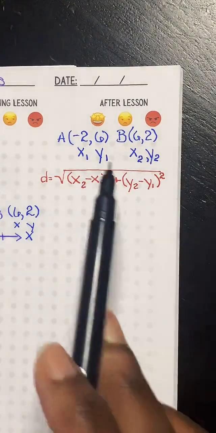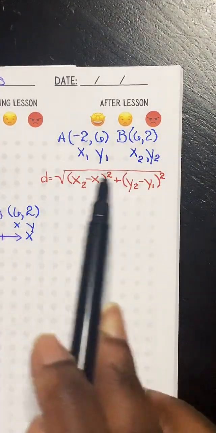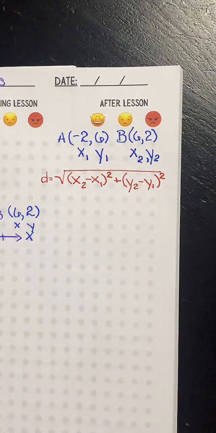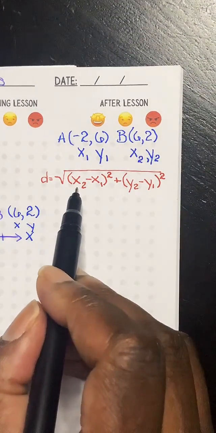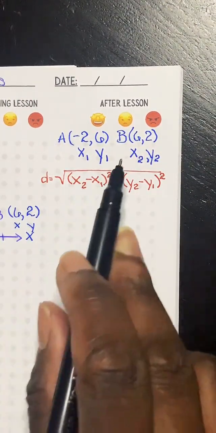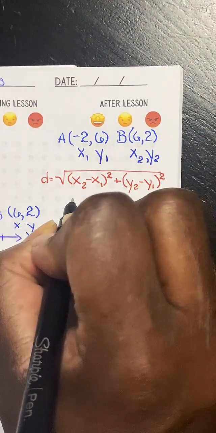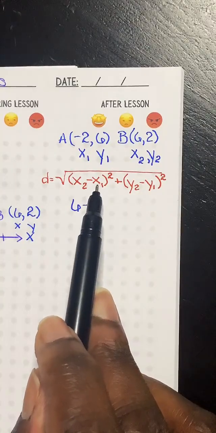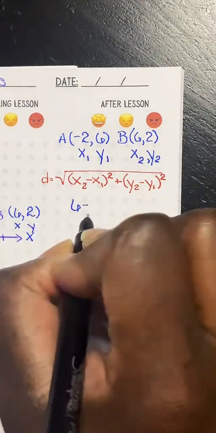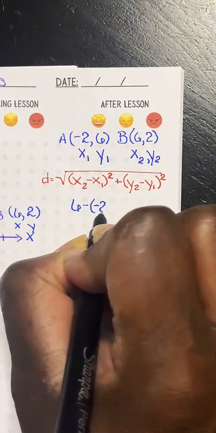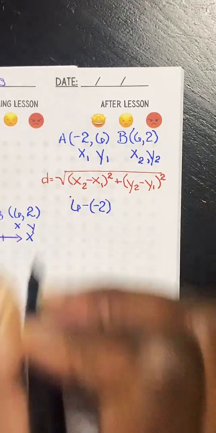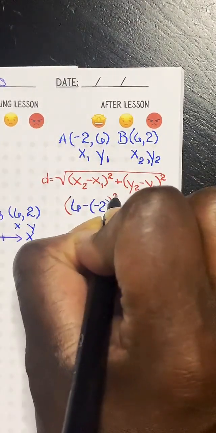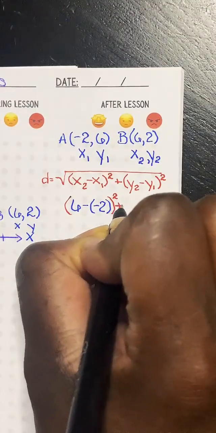So all we're going to do is take the information that we have up here and substitute it into our formula. Okay, so my x sub 2, that means it's the x value of my second point. So that will be a 6. Minus the x coordinate of my first point, which is a -2. Okay, and it's going to be squared.